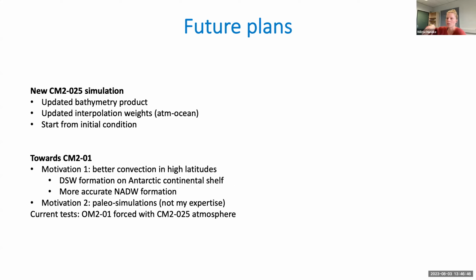If you remember, I showed these plots of the mixed layer depth, where we had these large areas of open ocean convection in the southern hemisphere. So maybe it's not just dependent on the resolution, but maybe that will help.